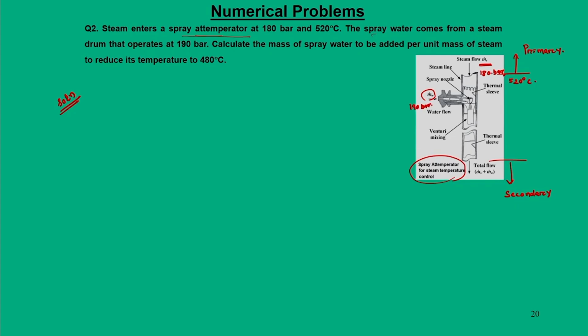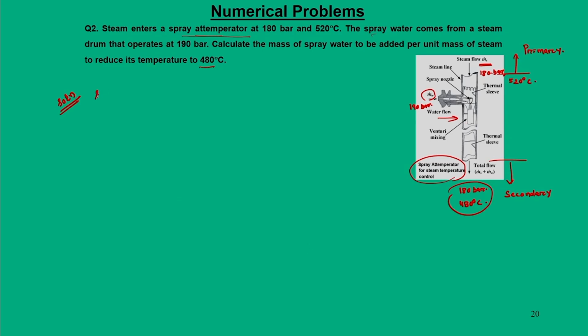So, more or less these two pressures are similar because they have to come out at the same pressure of 180 bar, but the temperature has to drop down to 480 degree centigrade. To control this 480 degree centigrade, we are adding water through this Venturi type attemperator.